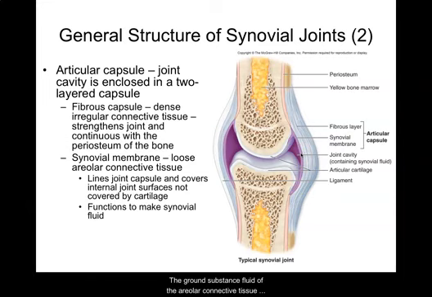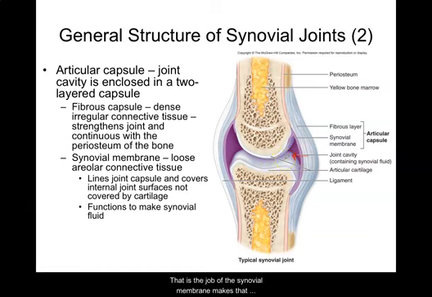The ground substance fluid of the areolar connective tissue percolates through the simple squamous epithelial tissue of this membrane. So it percolates through in this direction, and becomes synovial fluid. The job of this purple synovial membrane is to make the synovial fluid that's going to fill the inside of the capsule space.